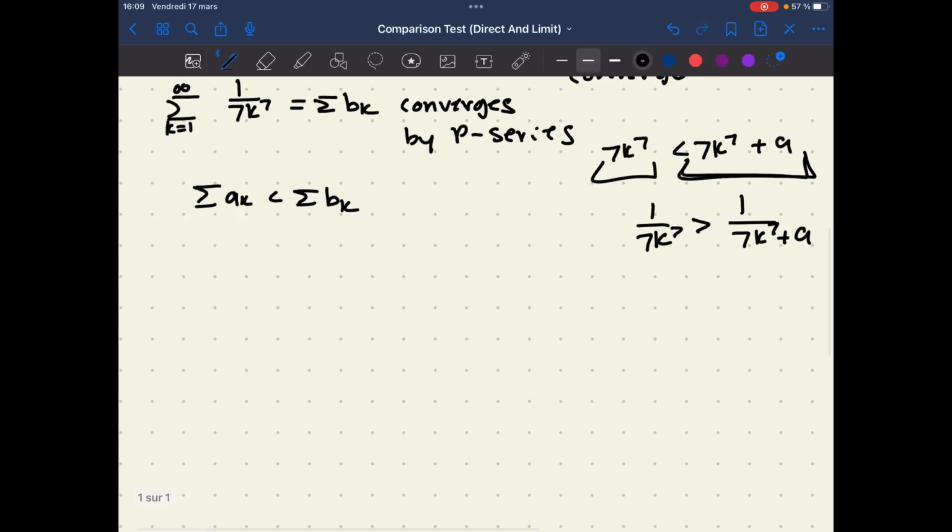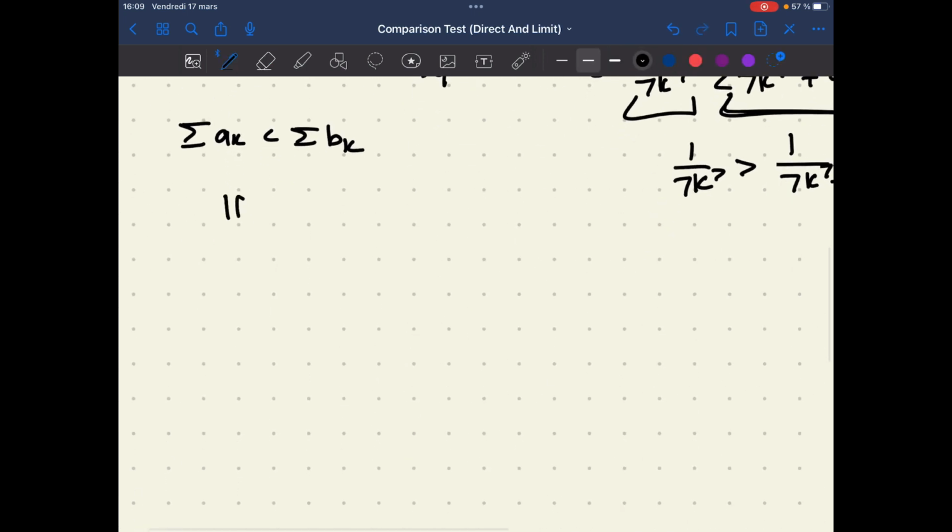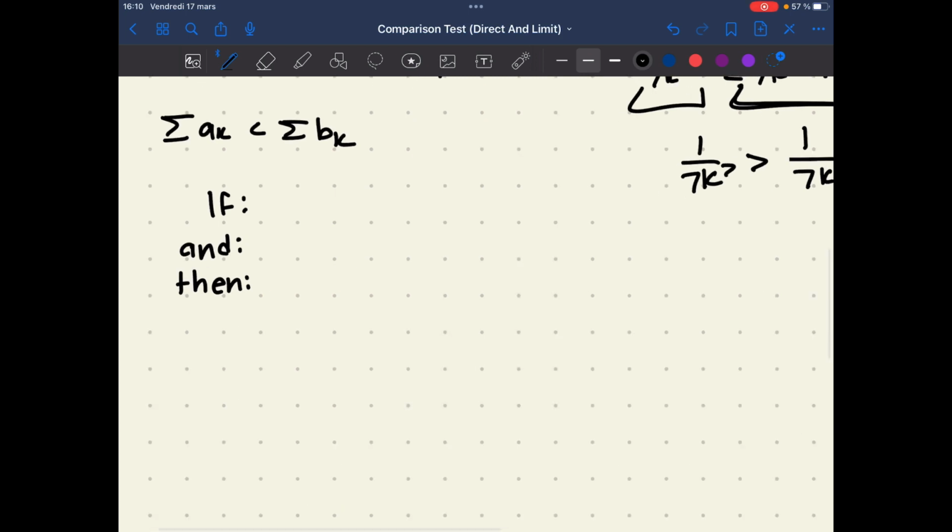So let's go back. We can write it as an if and then case. If b sub k converges and a sub k is less than b sub k, then a sub k converges.